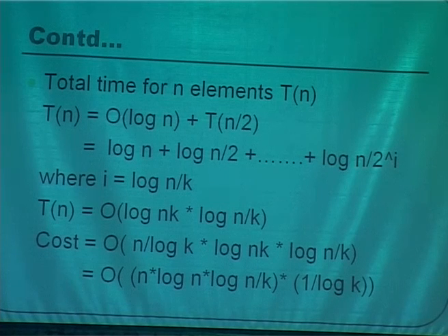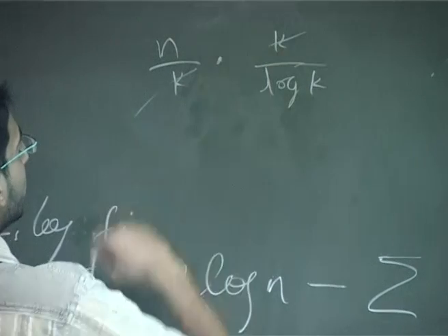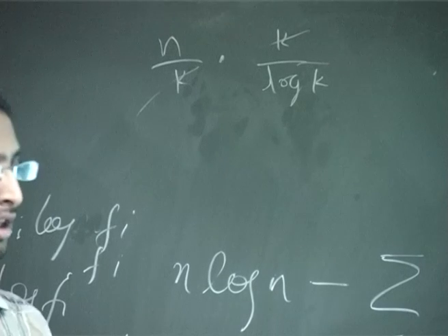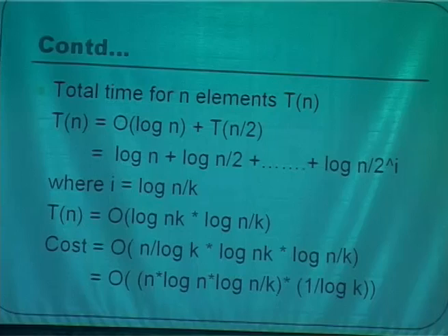So n by k partitions, and for each partition k by log k processors will be needed for using the selection algorithm. So total maximum number of processors comes out to be n by log k. So the cost will be n by log k into time complexity, and it is still better by the factor of log k than what they proposed.